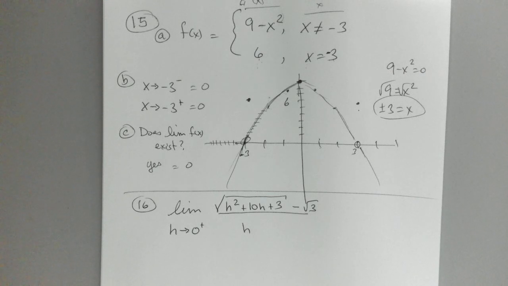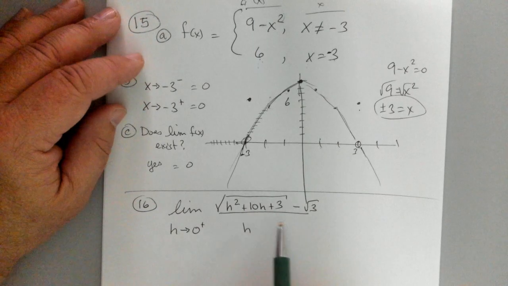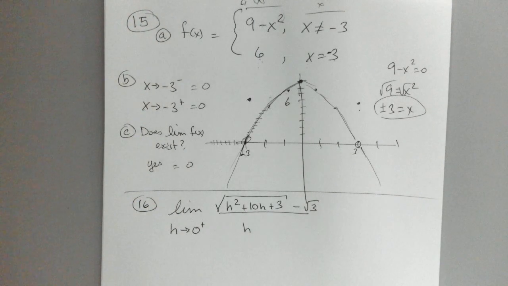So our next step to fix this thing is what? Conjugate. Whenever you have radicals and it's 0 over 0, the safest bet is conjugates.